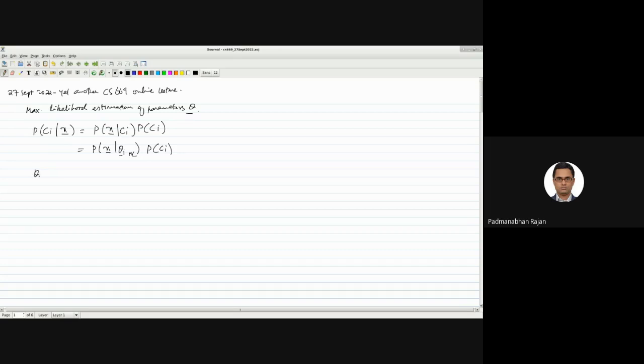We said theta i ML was nothing but the argmax over theta of P of D given theta, where D is the data set, the data set of class i, because I keep forgetting the i. Okay, so this is how we estimated the theta i's, right?